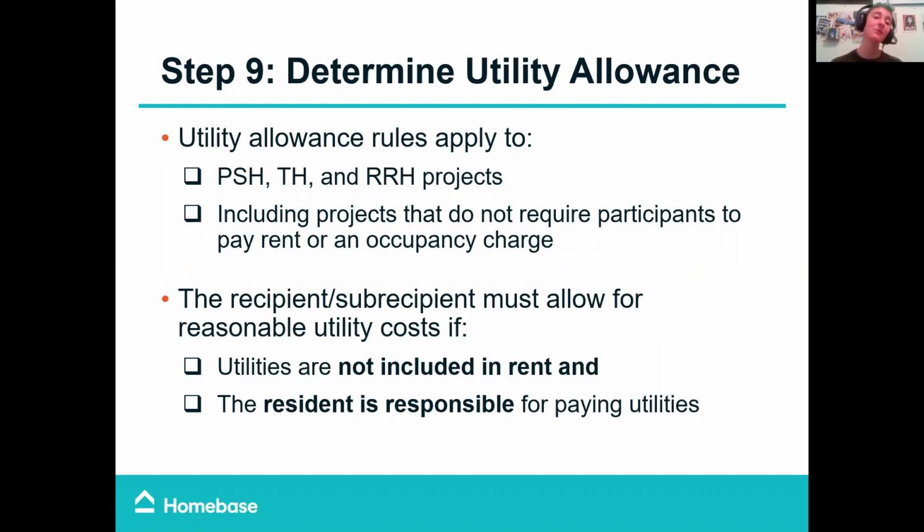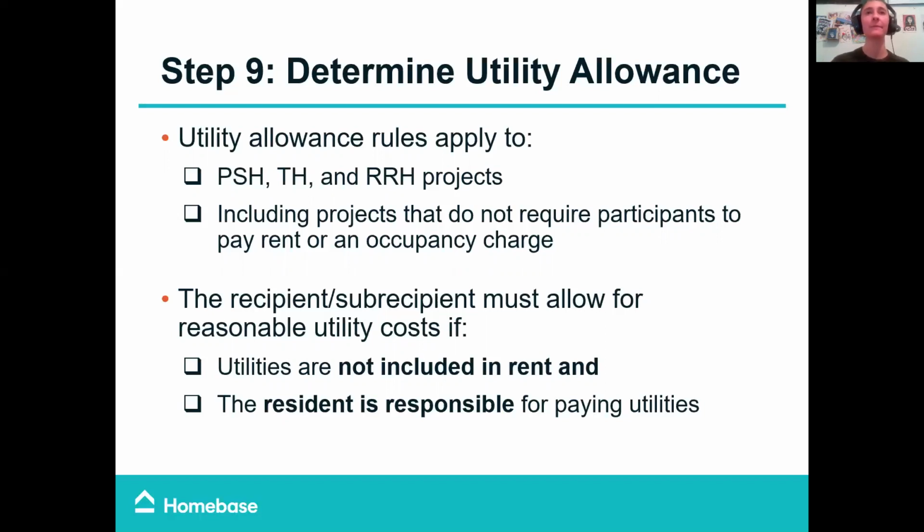So you may need to apply a utility allowance for a client who is not paying rent under certain circumstances. Those circumstances are, is the client responsible for paying utilities that are not included in the rent? If your client isn't responsible for paying any utilities, then they're not going to be eligible for a utility allowance. But if there are utilities that the client is paying as a separate payment outside of rent, then you need to check for the utility allowance that they're eligible for.